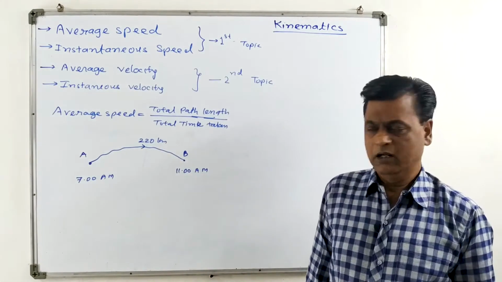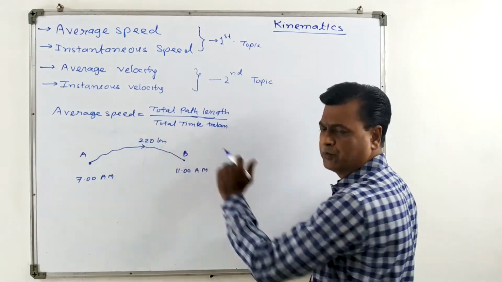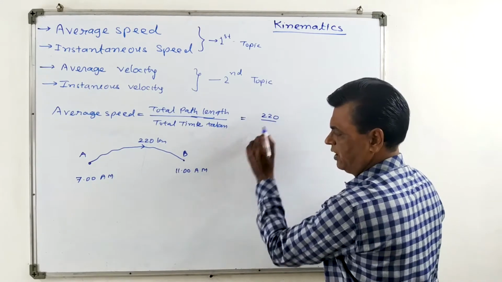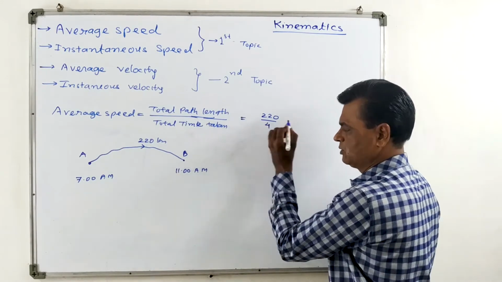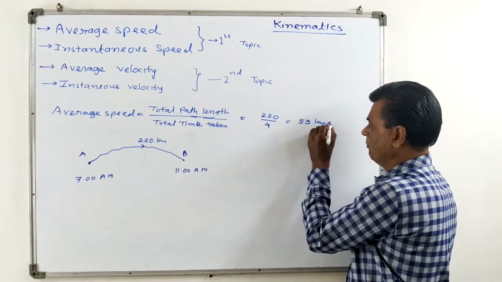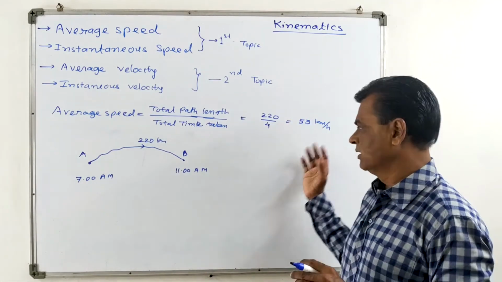So the time taken for this journey is 4 hours. According to the definition of average speed, the total path length is 220 divided by the total time taken, 4 hours, so 55 kilometers per hour. So average speed is 55 kilometers per hour.